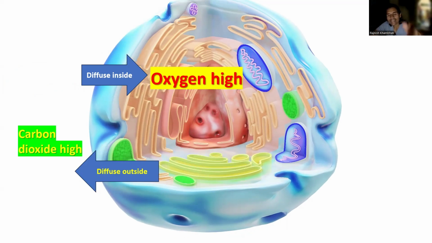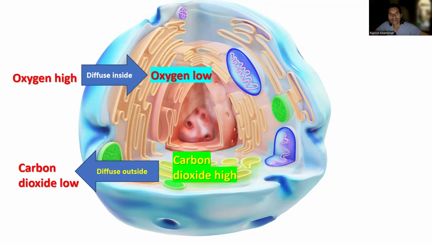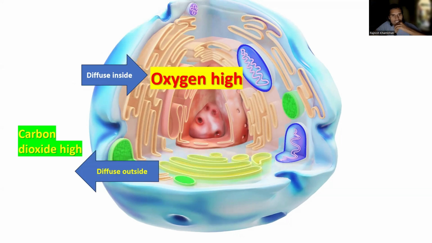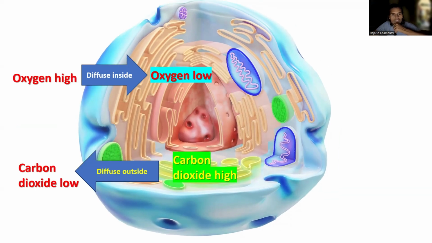So inside the cell now oxygen is high and carbon dioxide is coming outside. Clear? Okay. Continuously this is happening.